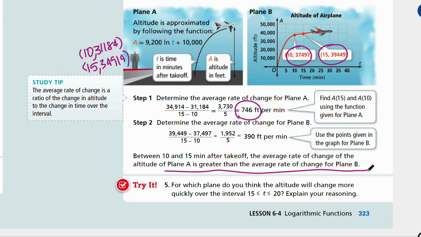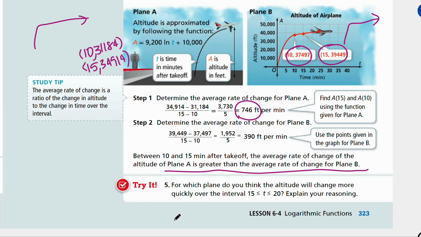Okay, so which one would change more quickly? Would plane B eventually go more quickly than plane A? Well, I don't think so, right? Because they're both logarithmic functions, as I mentioned before. So then they're going to have the same behavior, like it's going to increase logarithmically, very slowly, right?